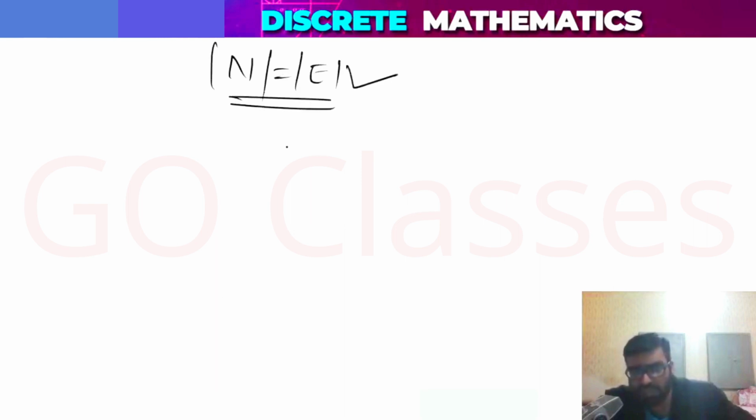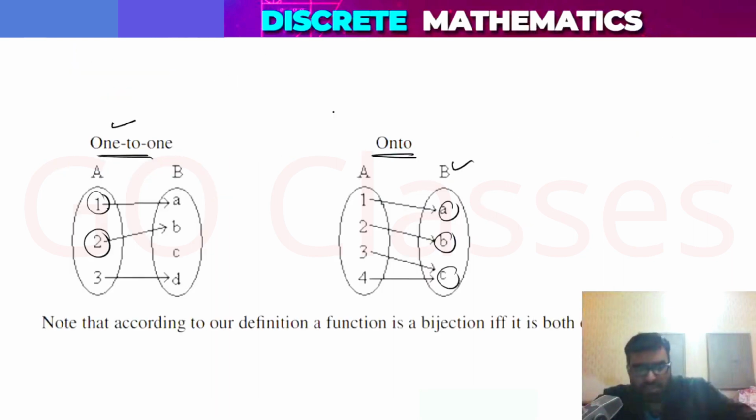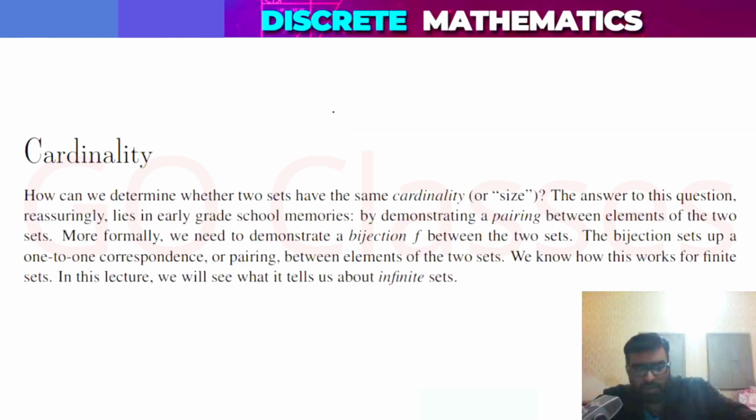And I have given you an example where the set of natural numbers has the same cardinality as the set of even natural numbers. Here you can see we were putting the set of natural numbers in one-to-one correspondence with the set of even natural numbers. So now let's move on.